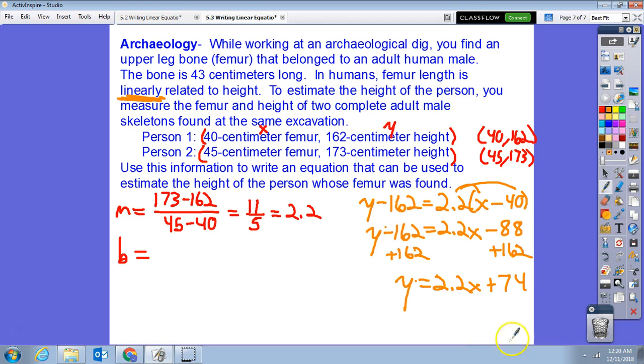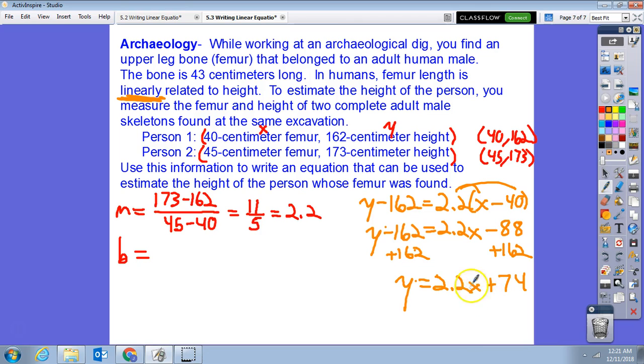Now, this is going to be kind of a weird number, because that beginning amount means if I plugged in 0 for x, if I had no femur, I'd be 74 centimeters tall. While that might possibly be true, we probably are not going to be talking about somebody's height if they don't have that femur.